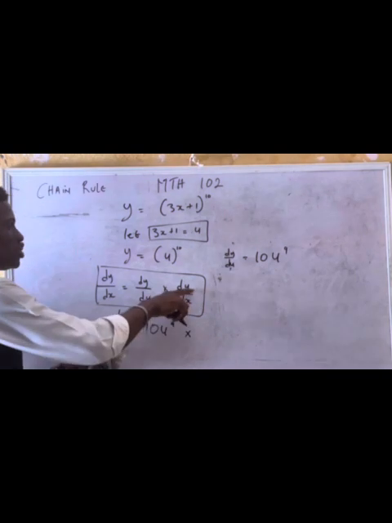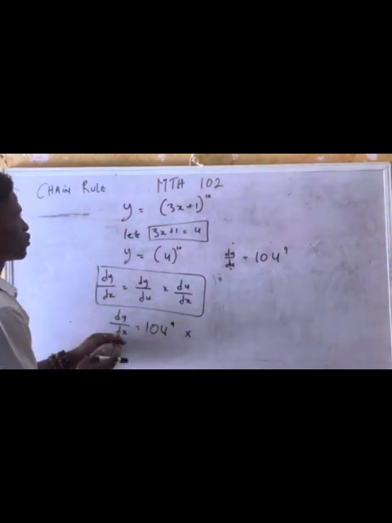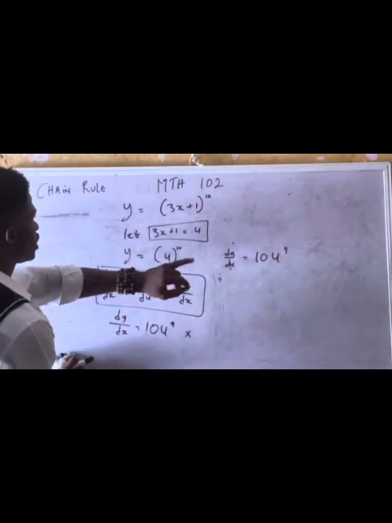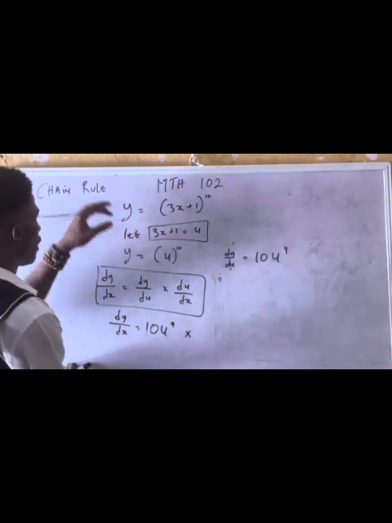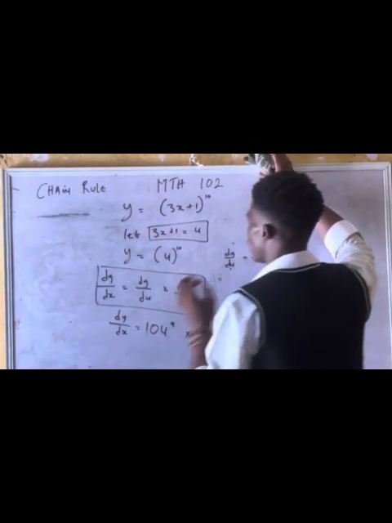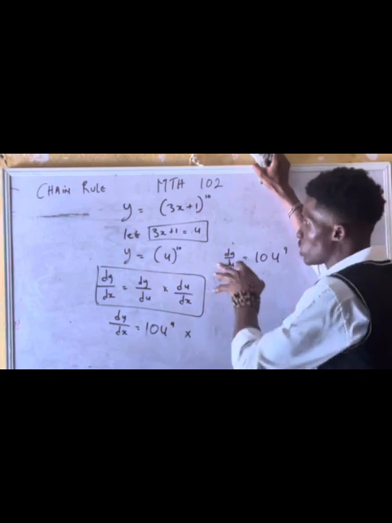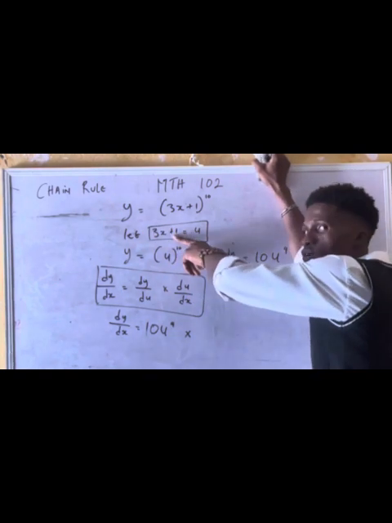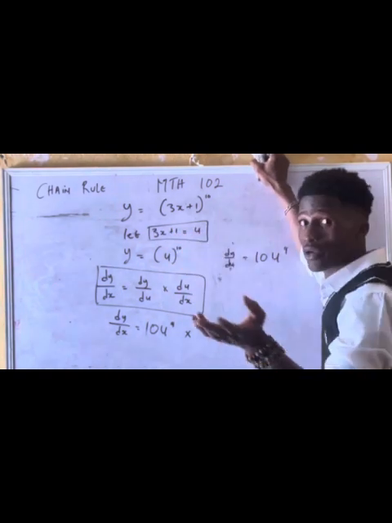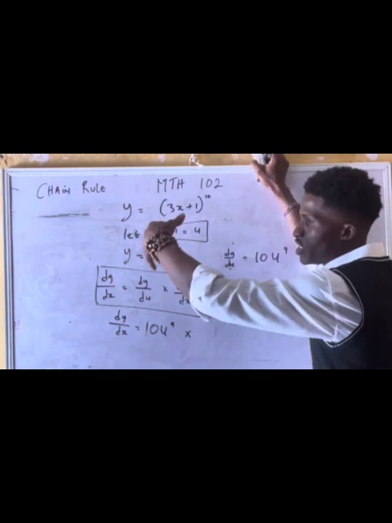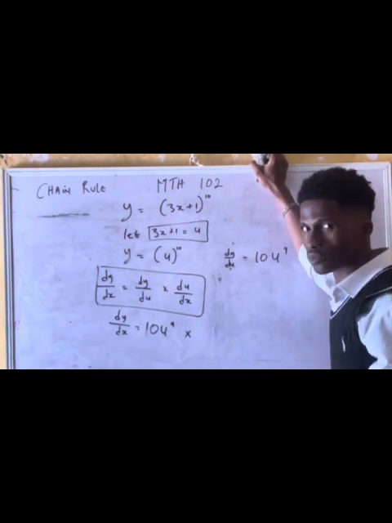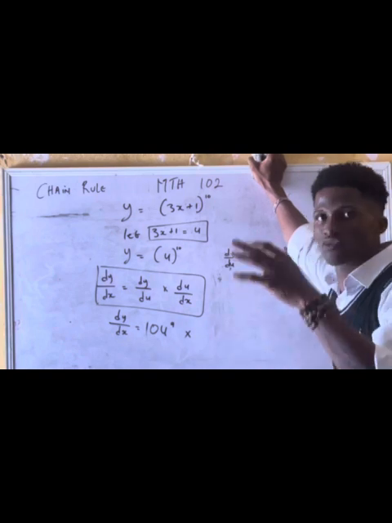Times, what is du over dx? Now, we want to differentiate u. Don't forget that u is equal to 3x plus 1. We want to differentiate u with respect to x. Just as we did the first one, if we differentiate a constant, 1, we'll get 0. If we differentiate 3x, what will we get? When we differentiated 2x, we got 2. See, it is reducing.